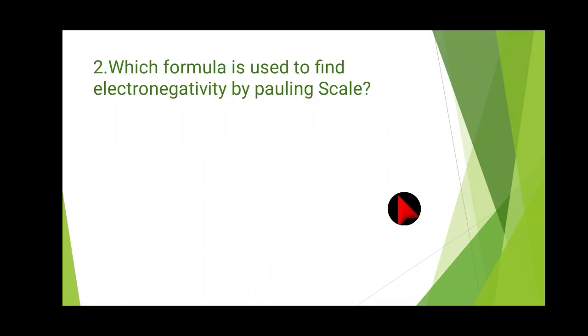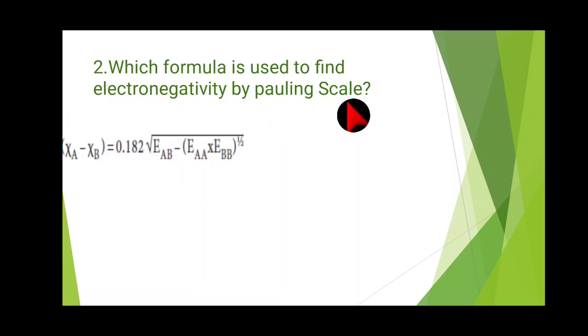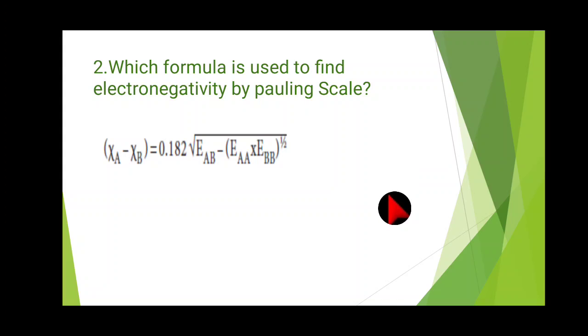So second question, which formula is used to find electronegativity by Pauling scale? We can find the electronegativity by using this formula, but this formula does not have any unit.